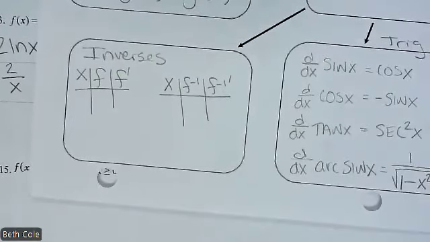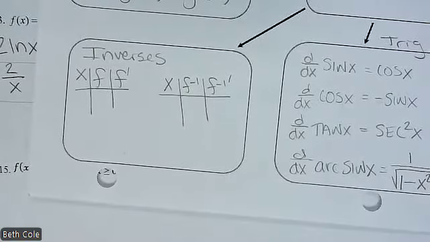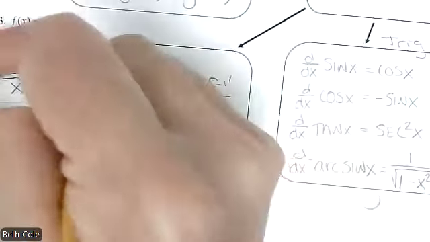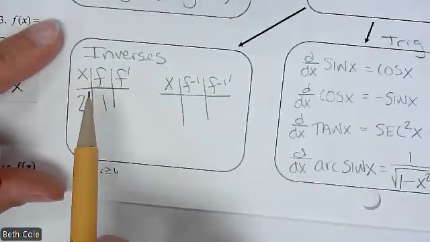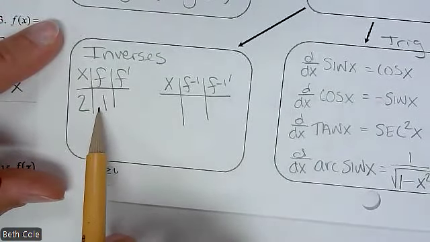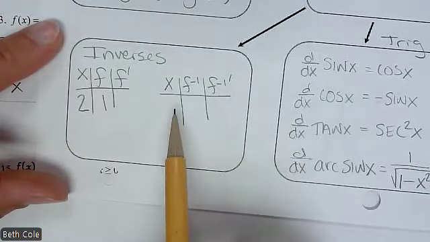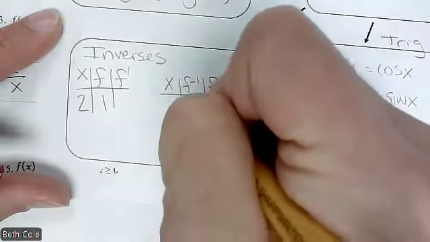I've had to do that too. I don't like it either. I feel like it looks weird. So I'm just going to show you how this works with actual numbers. Give me some single digit numbers and we'll fill it out. All right, so 2, 1. If this function has the point 2, 1, the inverse has the point 1, 2.